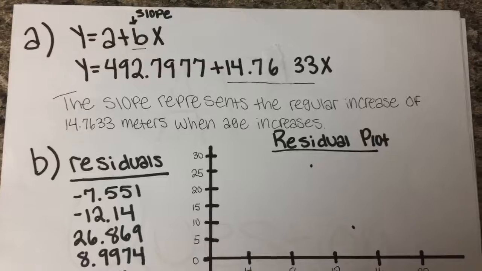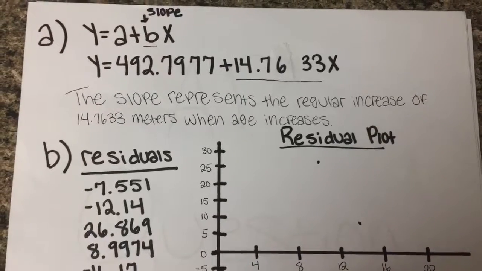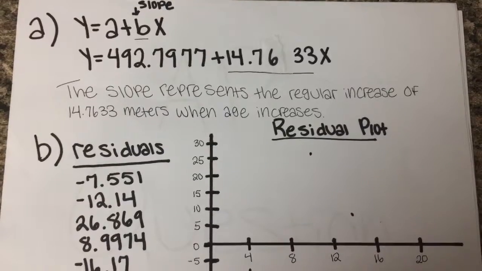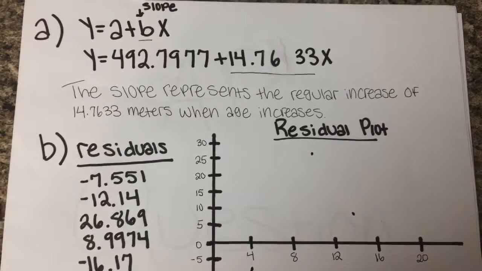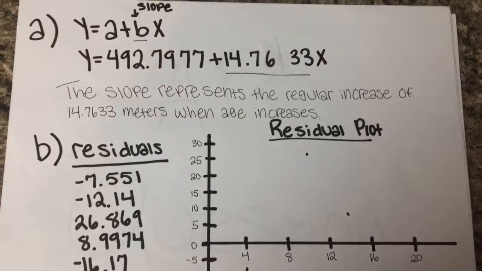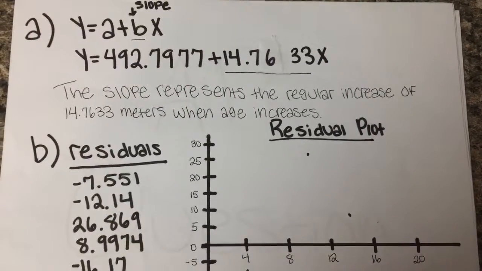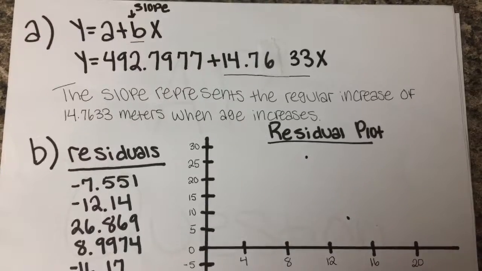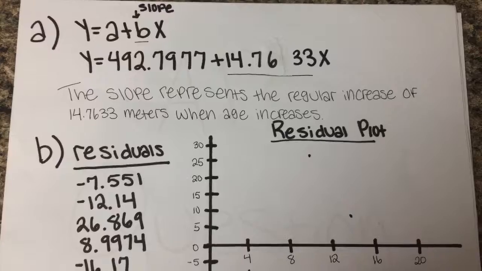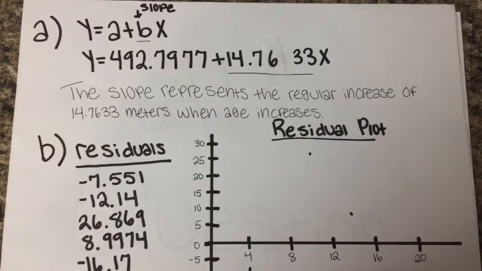Part A asks to find the least squares regression line of this data, and a least squares regression line follows the formula y equals a plus bx, with b being the slope. And for this particular equation, it would be y equals 492.7977 plus 14.7633x.